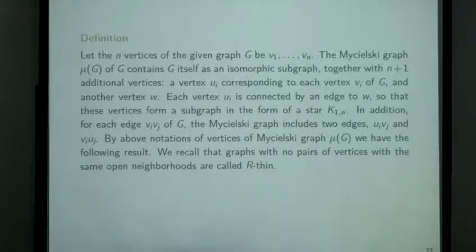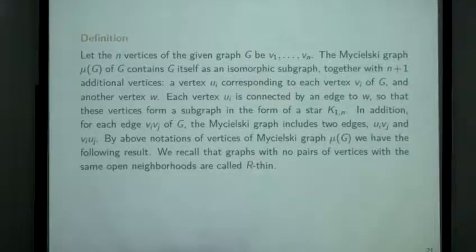And we add n plus 1 additional vertices. For example, we add u1 corresponding to v1, u2 corresponding to v2, and so on. And also we have another extra vertex w, and this w is connected to all of the ui, okay?